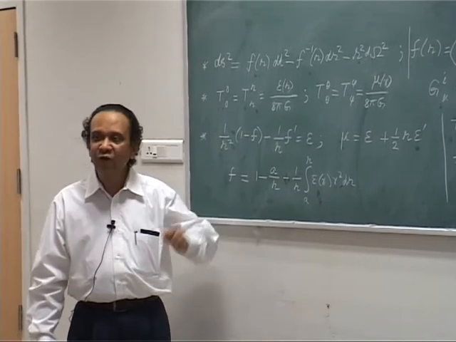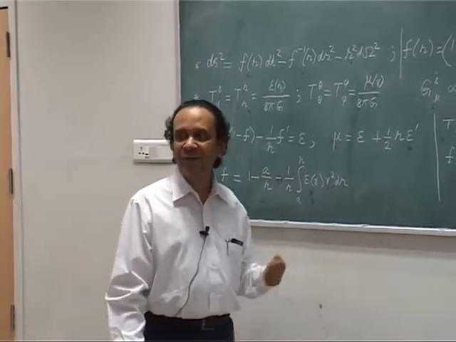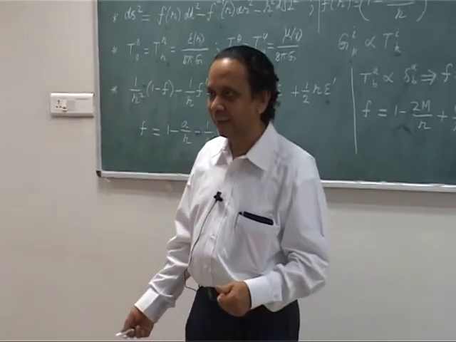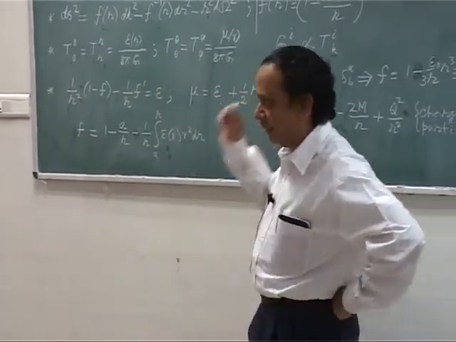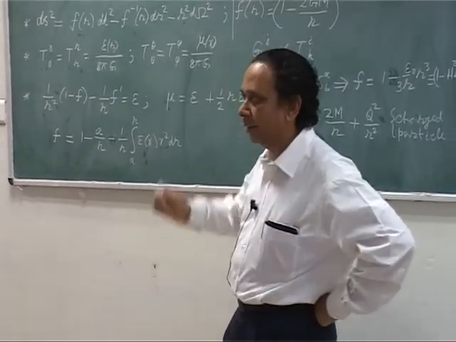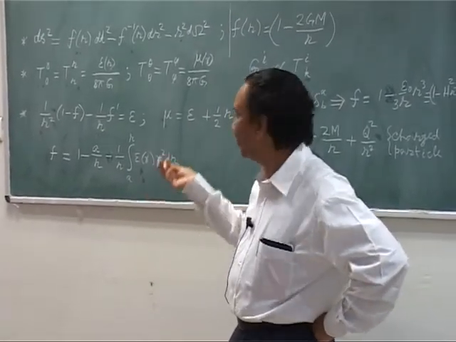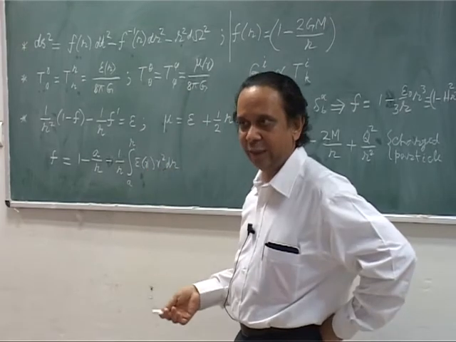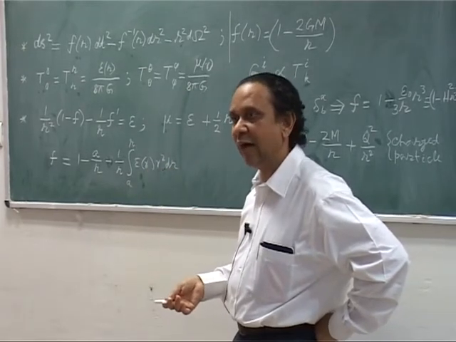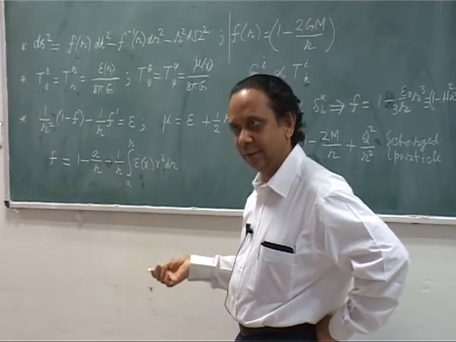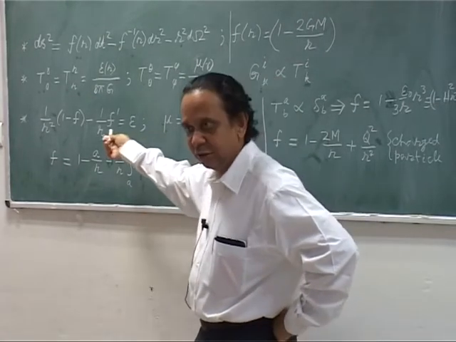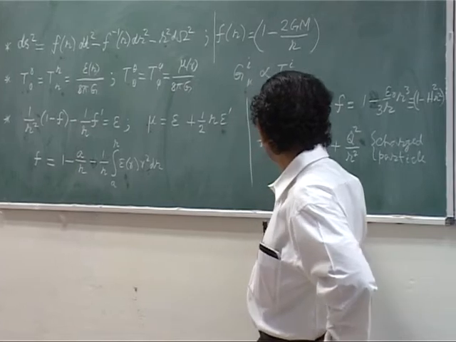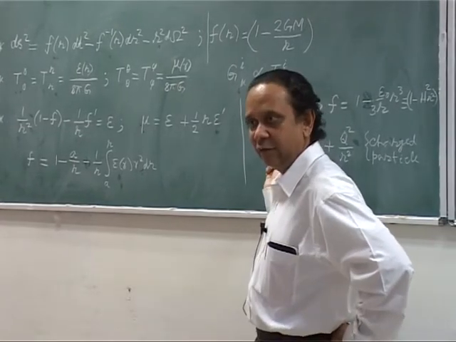So if you give me two different sources, epsilon 1 and epsilon 2, I can just superpose, and that is precisely what is happening here. In flat spacetime you have 1, if you put a mass you get this minus 2Gm by r or whatever. Now suppose you add the electrostatic energy, which is q square by r to the power 4, I can plug that also into this, and then I will get this 2m by r plus q square by r square.